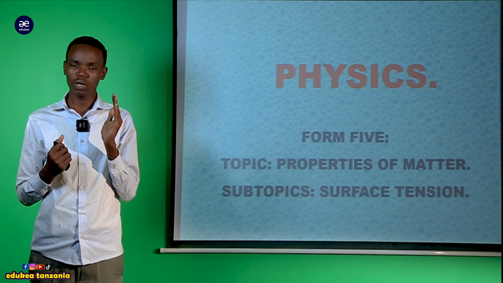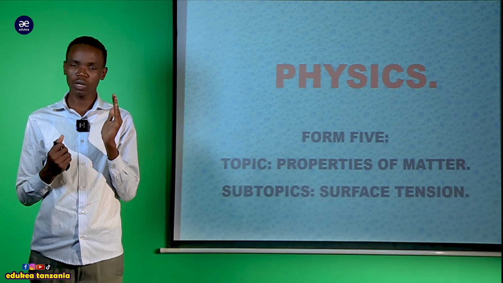And we said that the angle of contact, my dear student, is the angle that is formed due to the liquid surface and also the solid surface at the point of contact. That is why we identify the angle of contact.